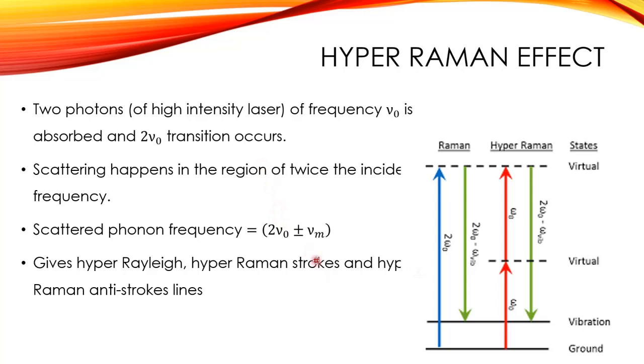Here nu m is the frequency of the molecular vibrating system, giving rise to hyper-Rayleigh scattering, and hyper-Raman scattering in the vibrational system. This phenomenon is known as hyper-Raman scattering, with Stokes and anti-Stokes lines. Here the plus nu m or minus nu m stands for Stokes and anti-Stokes hyper-Raman shift. The hyper-Raman scattering is extremely weak.